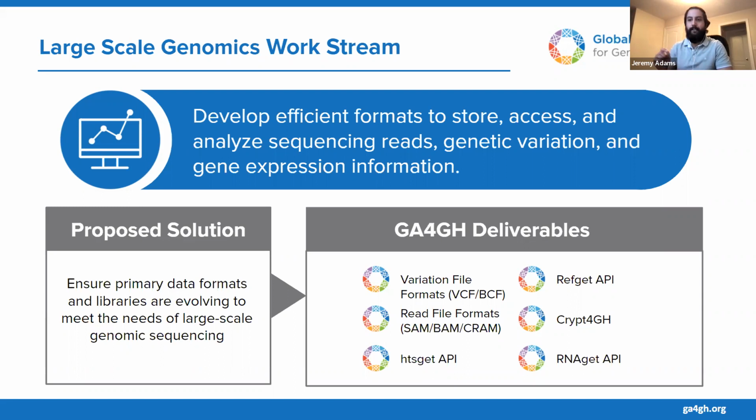So not relaying the entire file necessarily, but relaying genomic regions of interest. There's the refget API for streaming reference sequence data. And there's also the rnaget API for streaming RNA-seq gene expression matrices. Similar to the htsget API, rnaget can return dynamic matrices that only contain the genes and the tissues or treatment conditions that the researcher is interested in studying further.